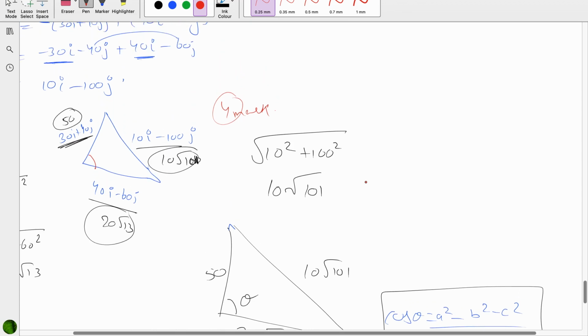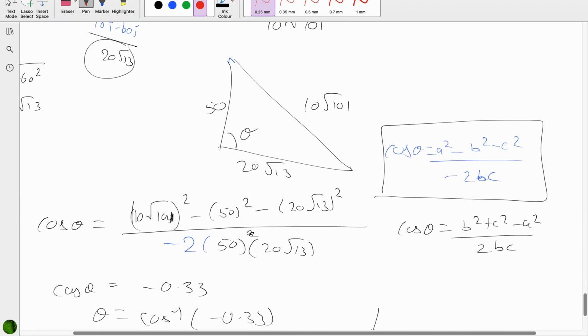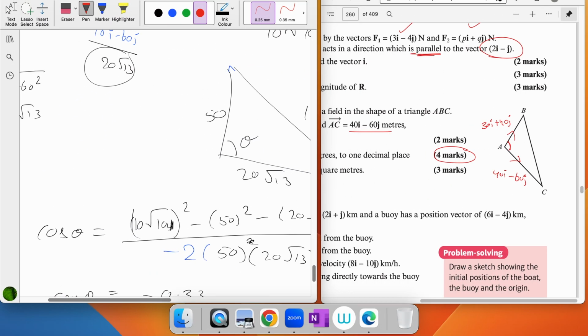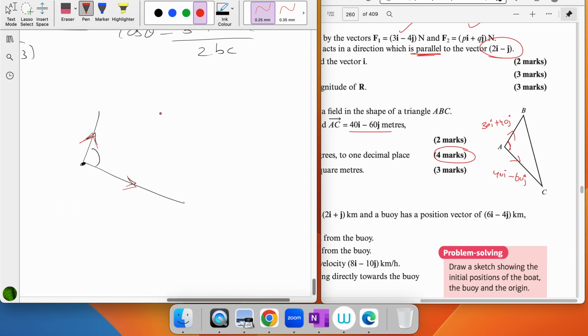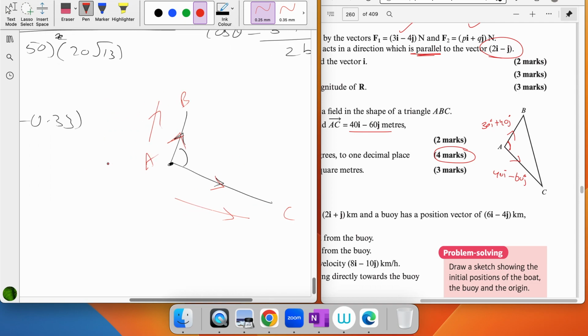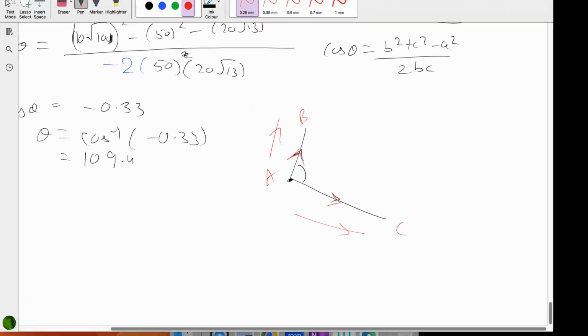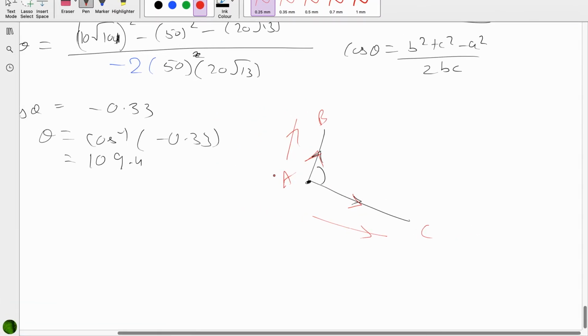With the labeling ABC, if you have vector AB in this direction and AC in this direction, then it is fine. If one of the vectors is switched, you'll have to do it again with the right direction. Both must be leaving, converging or diverging.